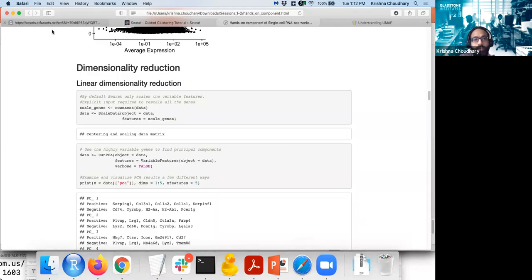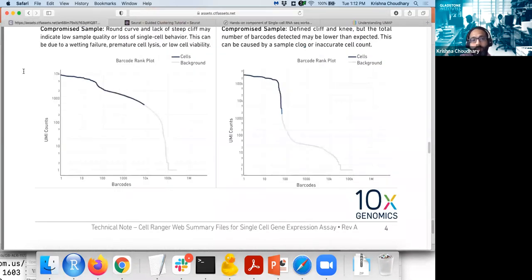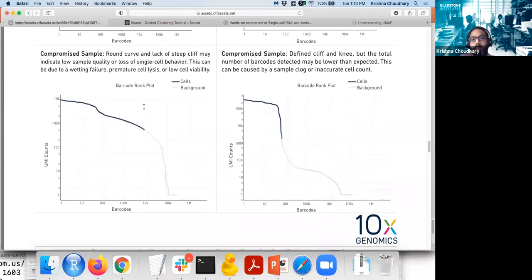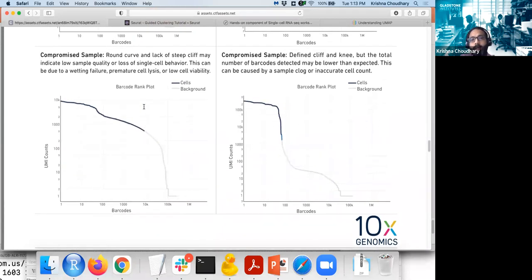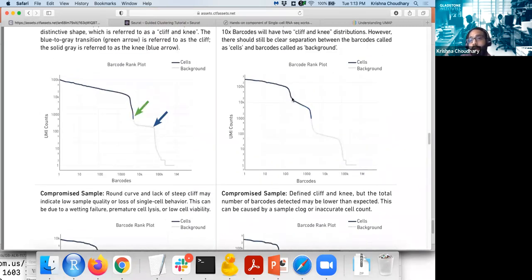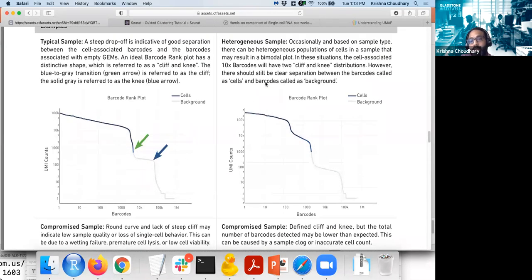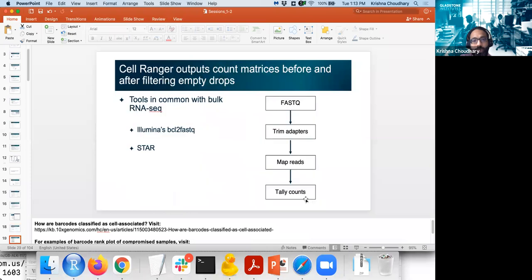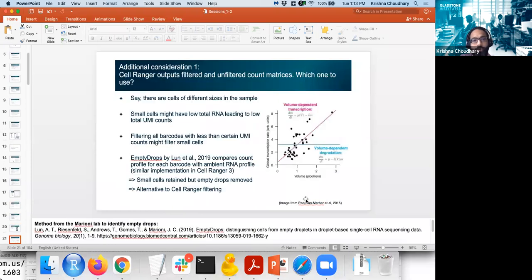For example, we saw that the barcode rank plots can be more rounded if the sample was compromised in some way, where we cannot identify which are empty drops versus cell-associated barcodes, or there can be multiple plateaus, or levels of UMI counts in the cells, if the sample is very heterogeneous, or if there are two kinds of cells. So those kinds of things can happen, and we'll discuss these things briefly. Again, if you have any questions, please feel free to ask.